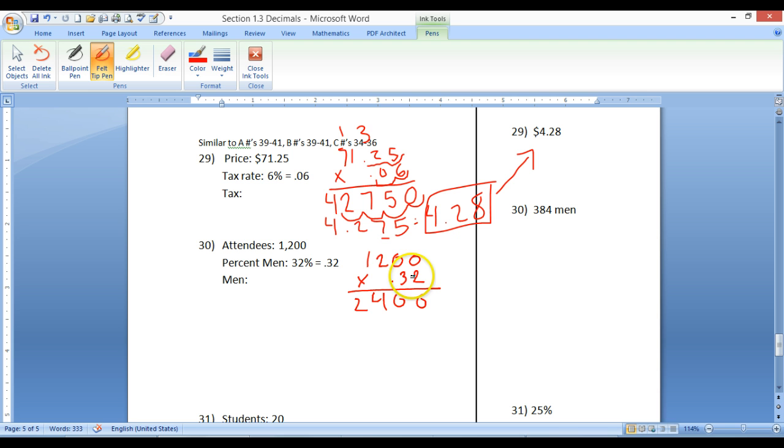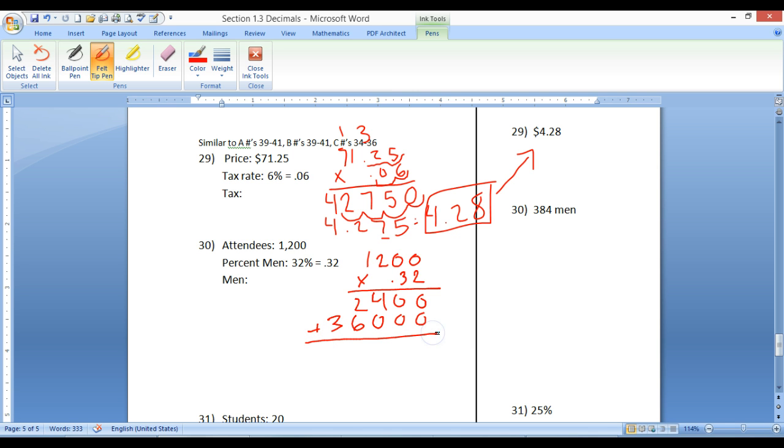Okay, now I'm going to move over for the 3, but it goes here, so I need to fill in the place value with the placeholder of 0. 3 times 0 is 0. 3 times 0 is 0. 3 times 2 is 6. And 3 times 1 is 3.